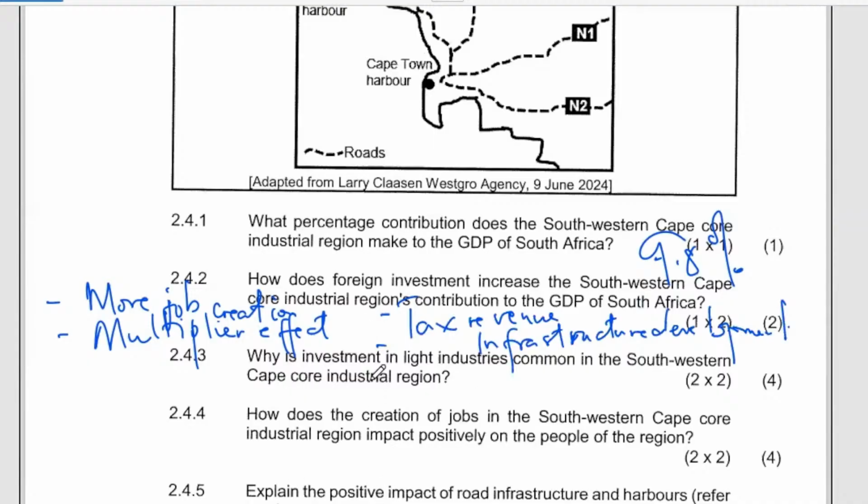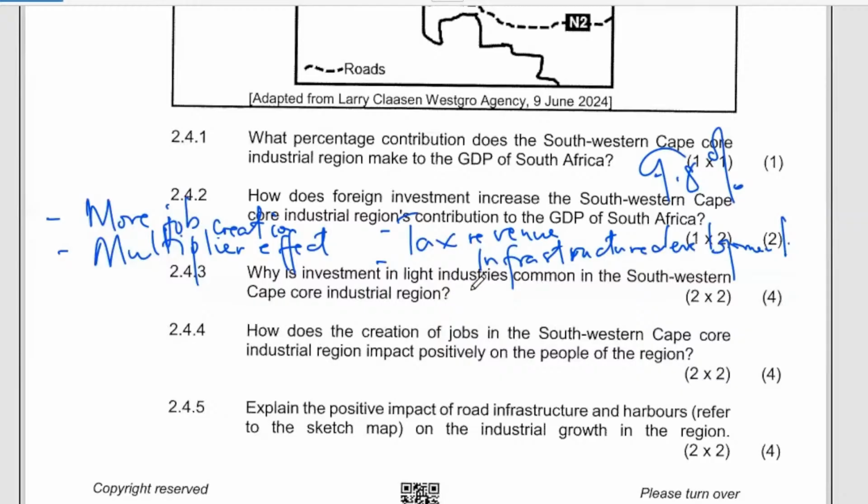Right, number 2.4.3. Why is investment in light industries common in the Southwestern Cape core industrial region? Why is it that they focus more on light industrial activities? Right.